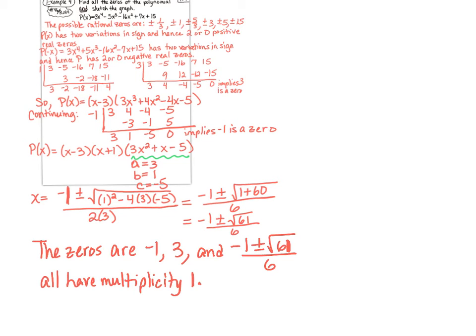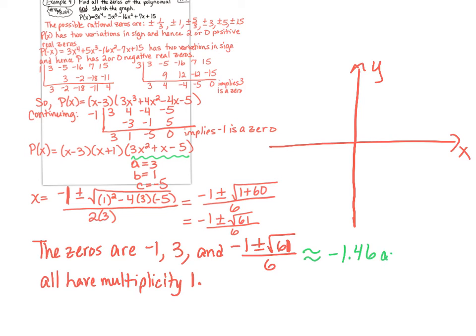Okay? So we can go ahead and plot those zeros. You can use your calculators to get an approximation of the ones that came from the quadratic formula. So these zeros will be approximately -1.46 and 1.135.